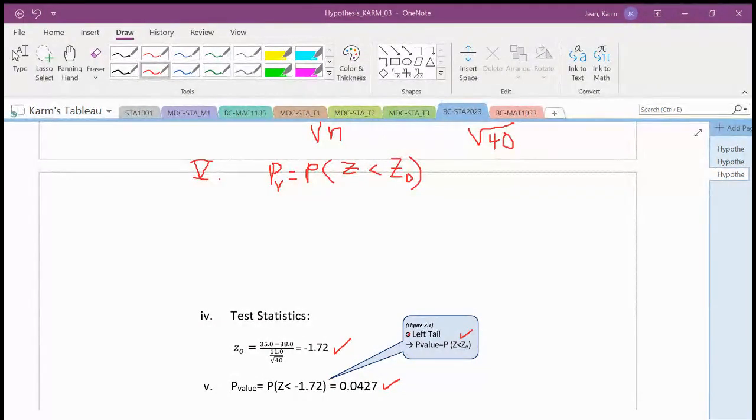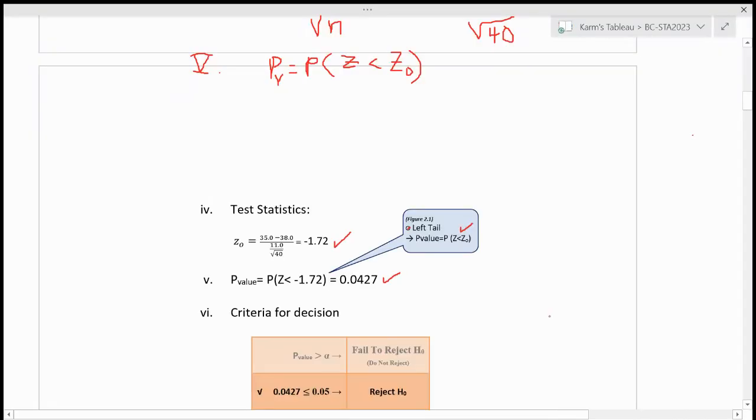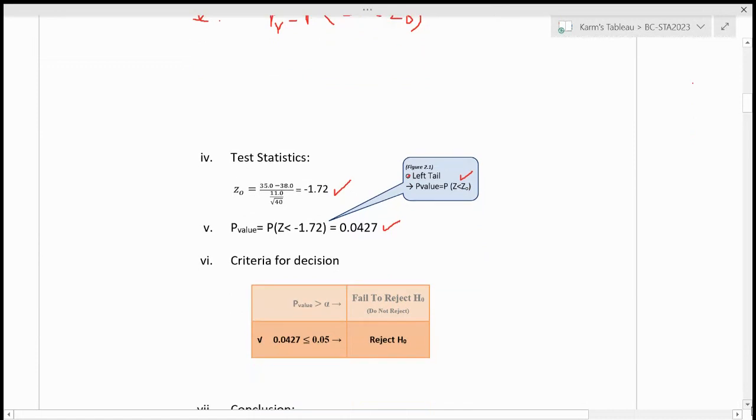So let me just go back over here. As you can see, if we compare the p-value and the alpha, the p-value is 0.0427, which is less than 0.05.